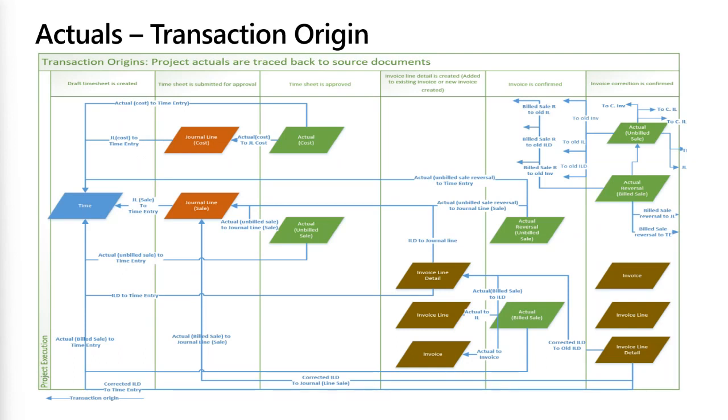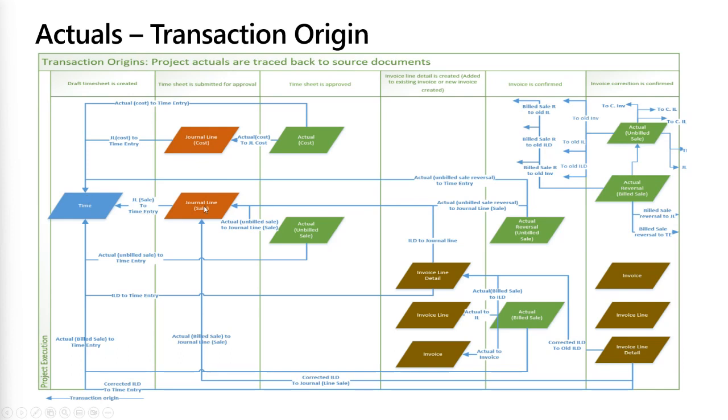So from an actuals perspective, whenever time is being entered, previously we saw we are creating journal lines. Depending upon the billing method, if it's time and material, then we are creating the cost journal line as well as the sales journal line, and then the journal lines map to the time.